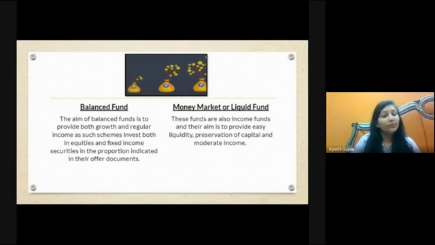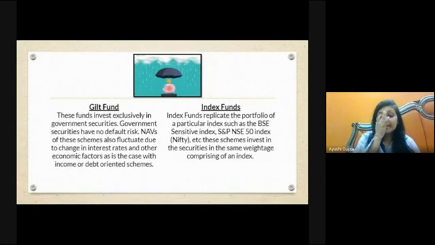The fourth one is the money market or liquid fund. Money market means for a short period of time, and it provides easy liquidity, preservation of capital and moderate income. The fifth one is the gilt fund. These funds invest exclusively in government securities, which do not have default risk.